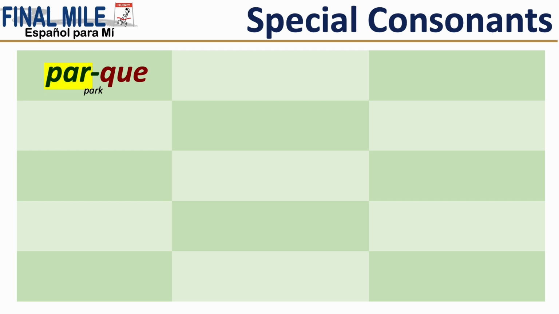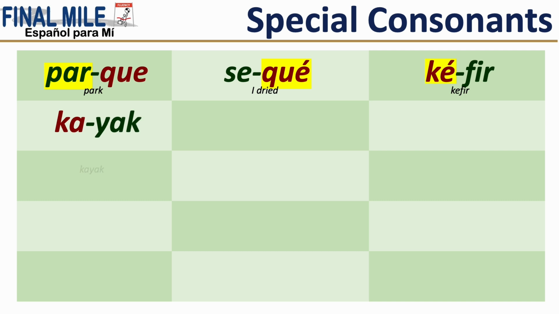We end with a vowel, no graphic accent, so it's parque. Graphic accent, seque. Graphic accent, kefir. Kayak.